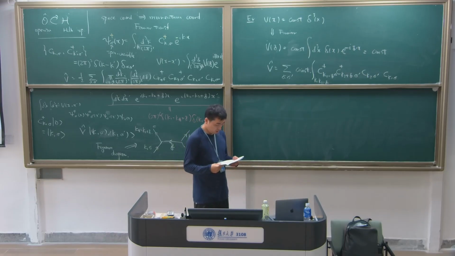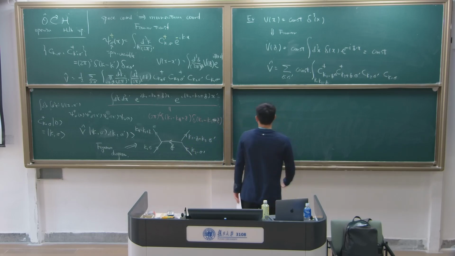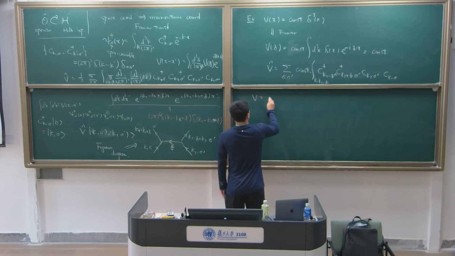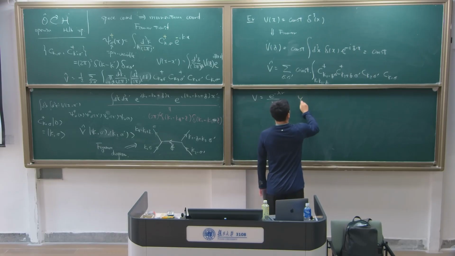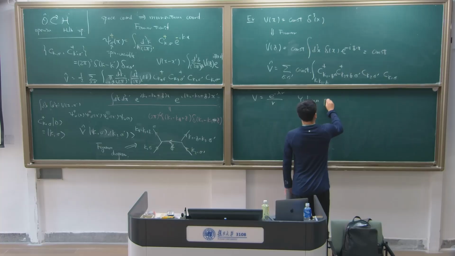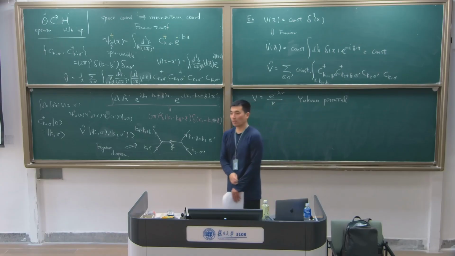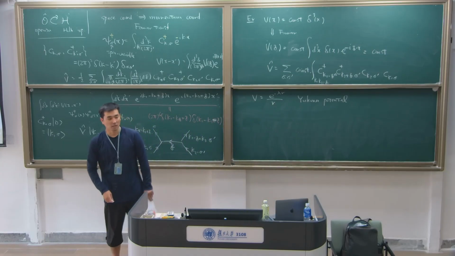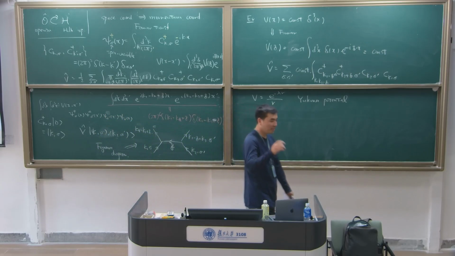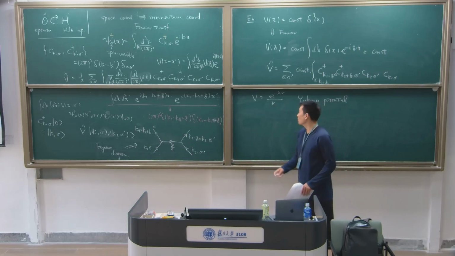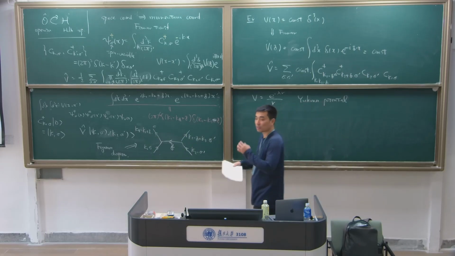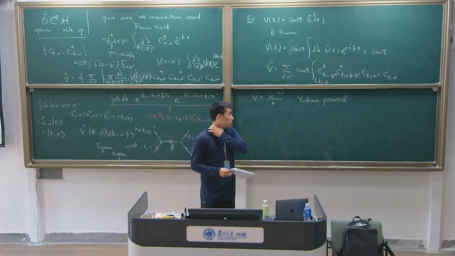Okay. Any questions? Let's look at a more physical potential. For instance, V is equal to e to the minus lambda r over r. This is the Yukawa potential. Almost 100 years ago, Yukawa introduced this potential to describe the interaction between pions.